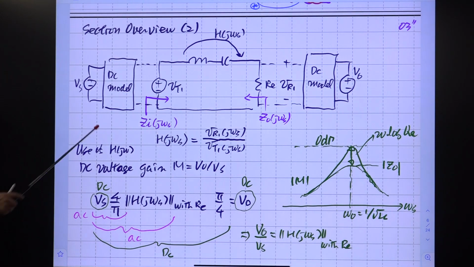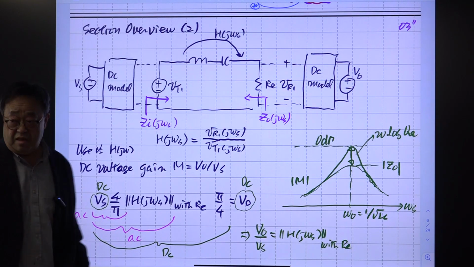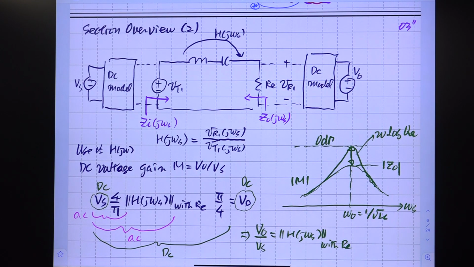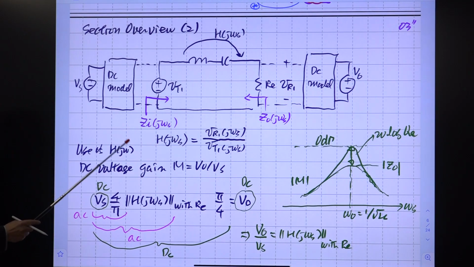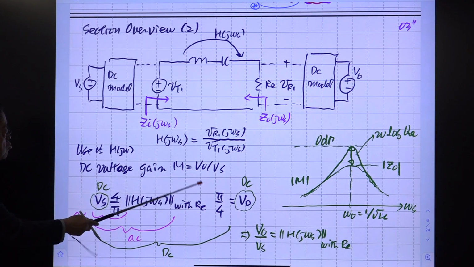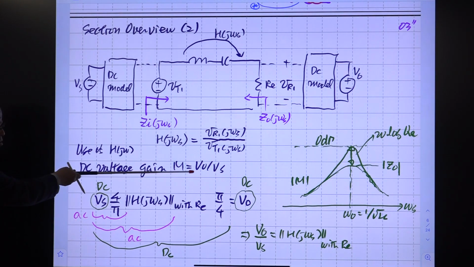So it's good. You can easily evaluate this, and most important is the implication of that result. How to make use of it is the problem. I'll show one extremely simple example: to find the voltage gain from DC input to DC output, M. This one is M, the DC voltage gain we want to evaluate.